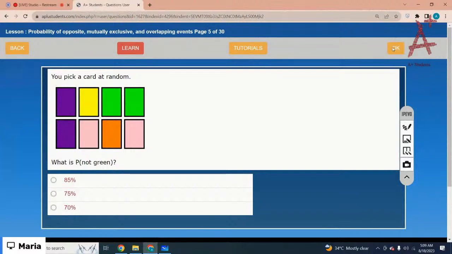The not green would be 6 out of 8, right? It would be 75%. 6 out of 8 times 100 is 75%.